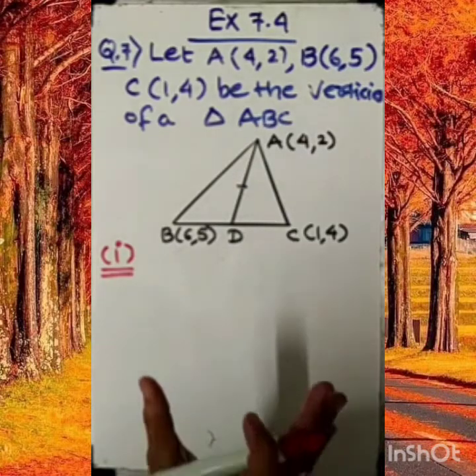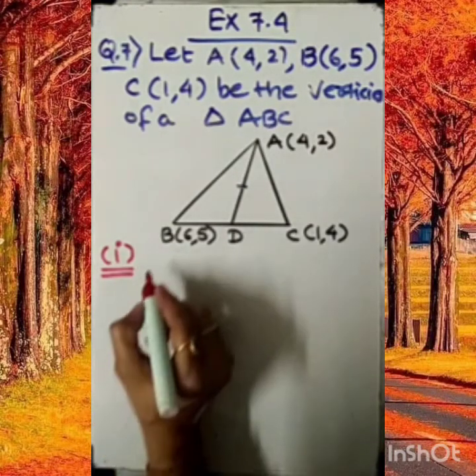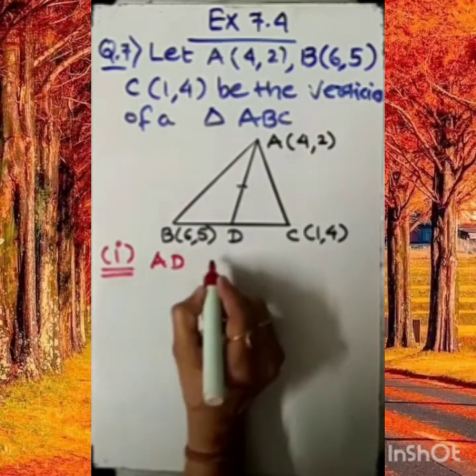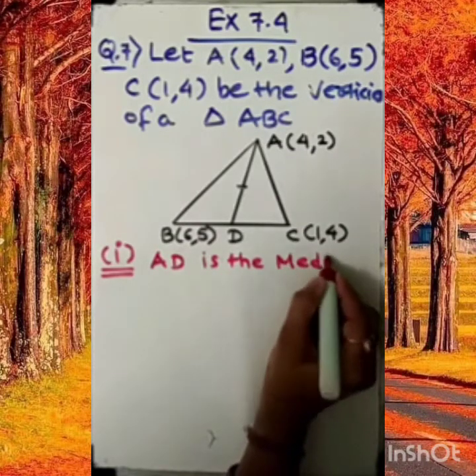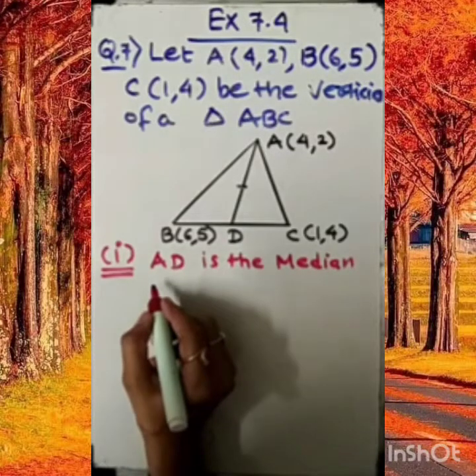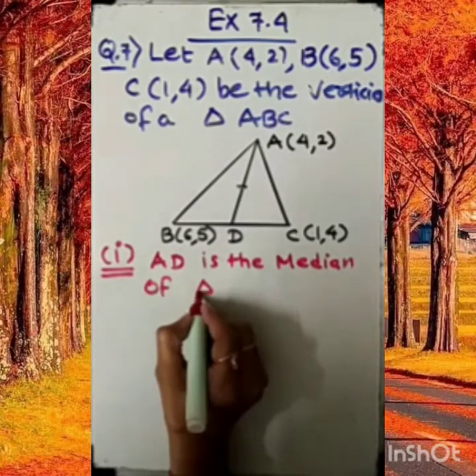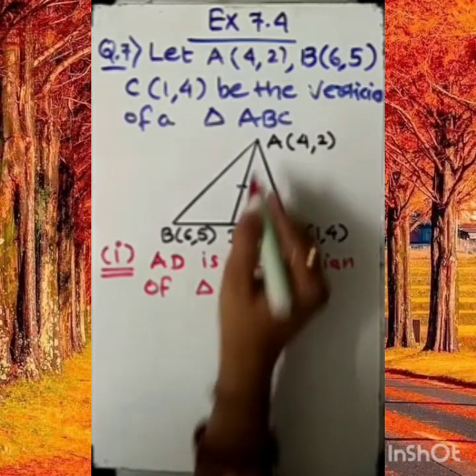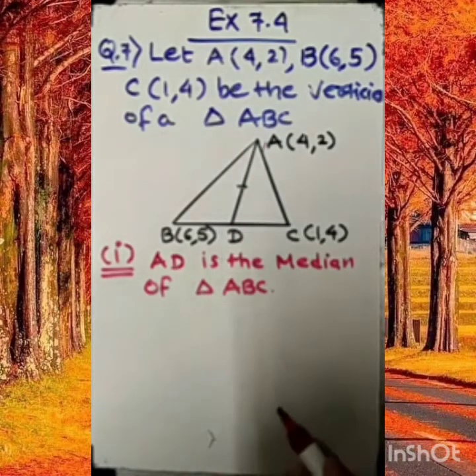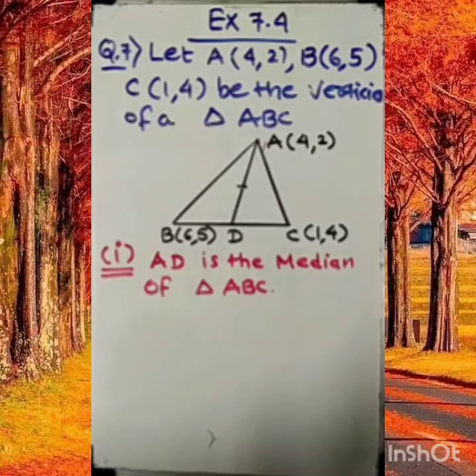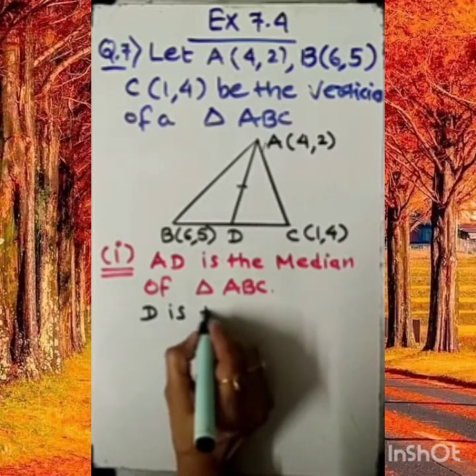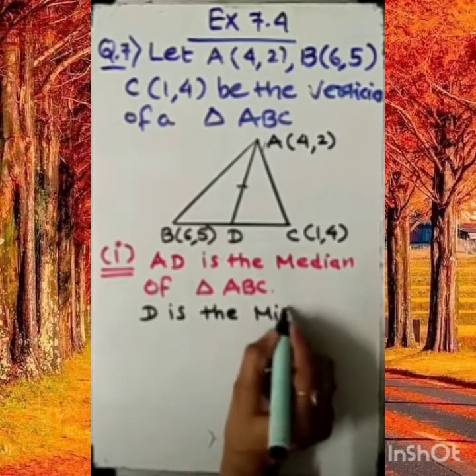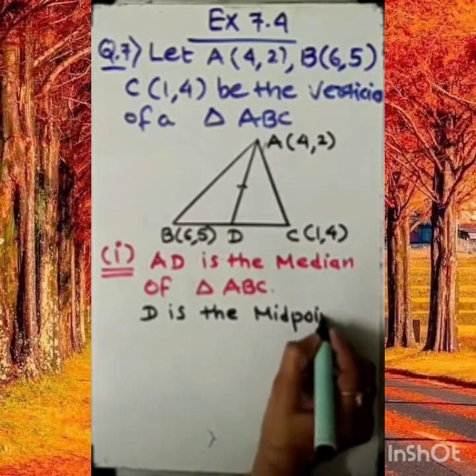Yes, student, it is quite easy. As AD is the median of triangle ABC, which we have already drawn, can I say D is the midpoint of BC?